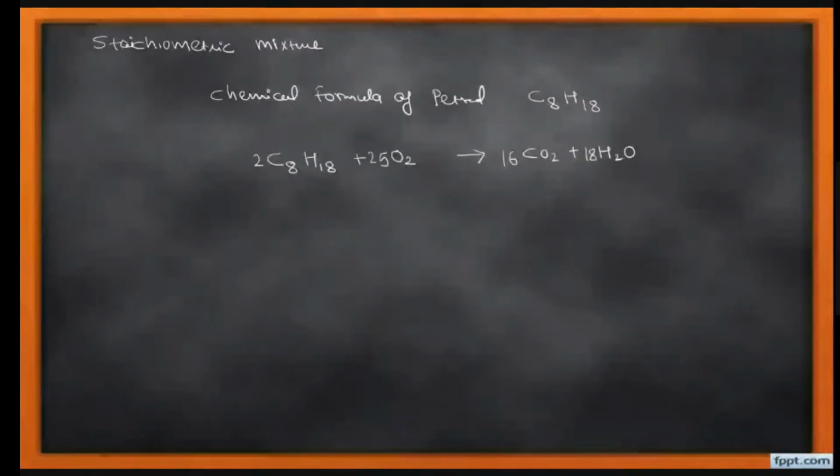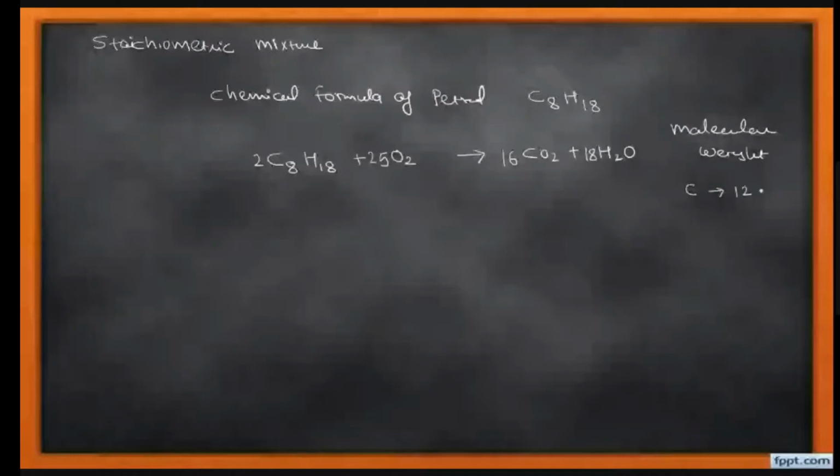Now we write the molecular weights of the different elements present in these reactions. Carbon has a molecular weight of 12 kg, hydrogen is 1 kg, and oxygen is 16 kg.